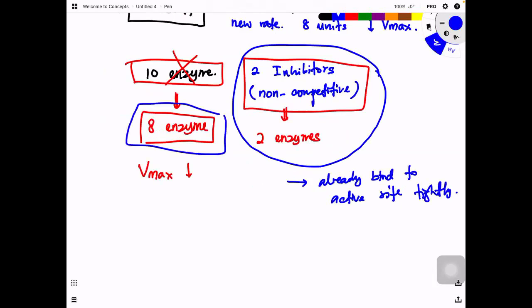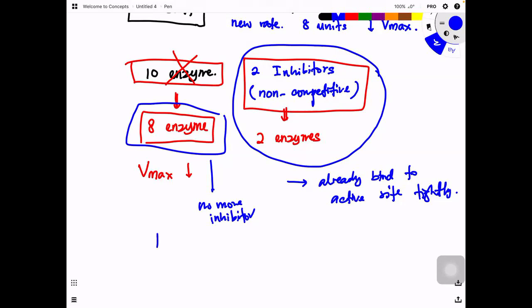No more inhibitor already. Why? All of them are bound already. This small number of inhibitors already bound to the enzyme active sites tightly, so they won't release anymore. These 2 enzymes sacrificed themselves to bind the inhibitor, so the rest of them are safe. Do they need to face the inhibitor? They do not need to face inhibitor anymore.